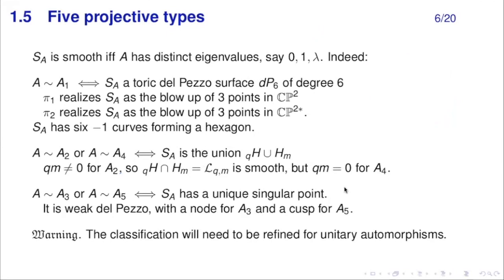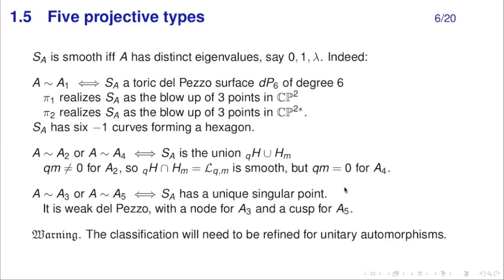So smooth intersection is A2, and reducible intersection is A4. And A3 and A5 correspond, I think, to so-called weak Del Pezzo surfaces, although not smooth ones. There's one singular point in each case.